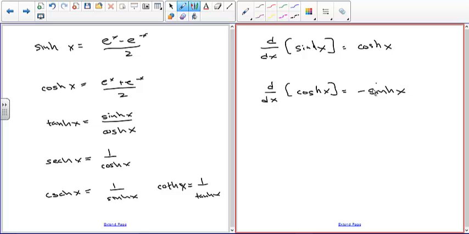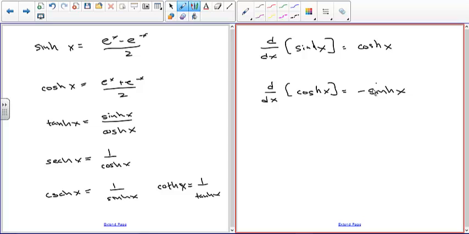So that's one reason, because the derivative behavior of the hyperbolic trig functions mirrors the derivative behavior of the normal trig functions. Now the integrals are not so simple. But it turns out if you look in the book, I'm just going to show you the result here for right now.